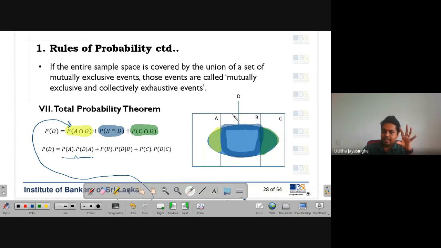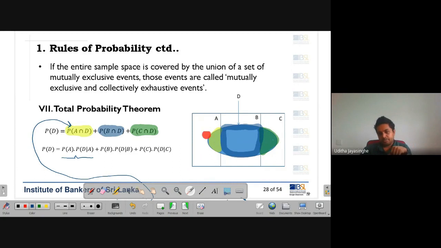That means the event that you're going to focus on is going to occur from one of these mutually exclusive events. And collectively exhaustive means if you add up these individual events A, B, and C, that is going to consume the entire sample space. The easiest example to remember the total probability theorem is this factory having three production lines, and there's a faulty percentage and good percentage.